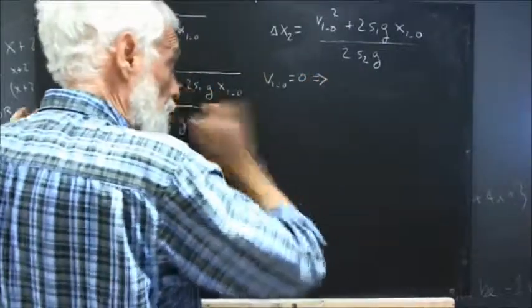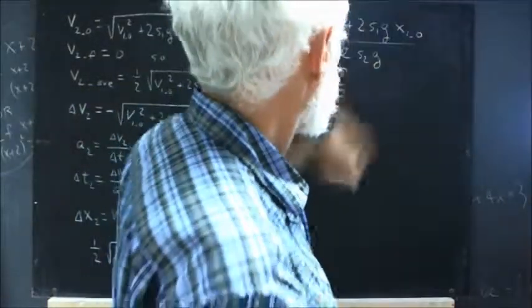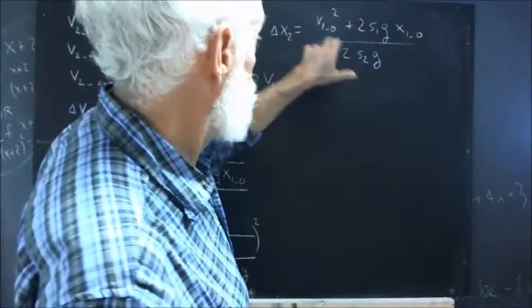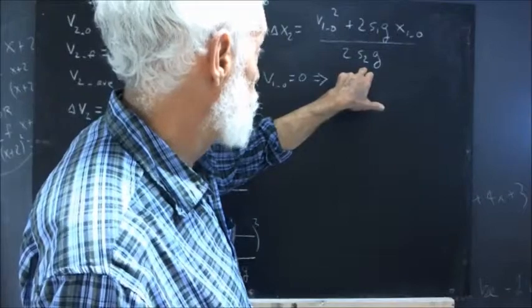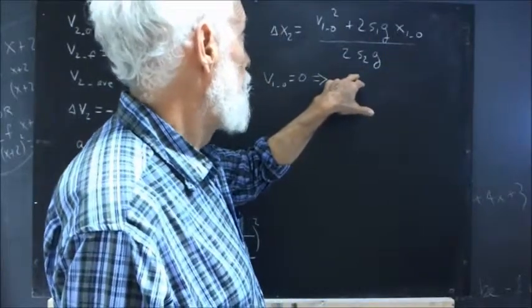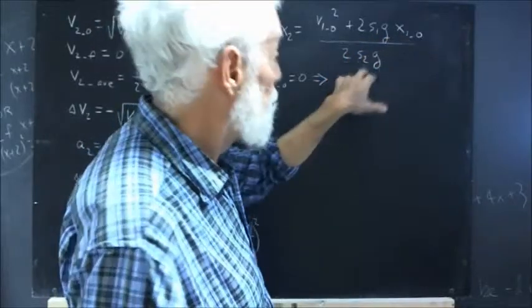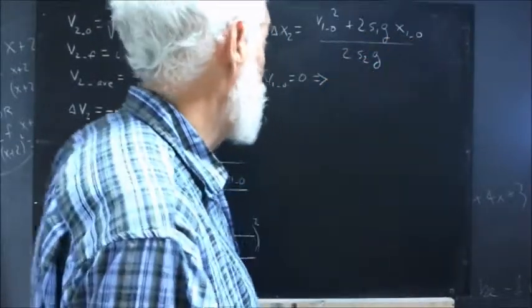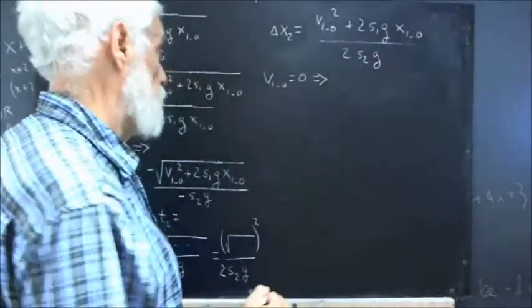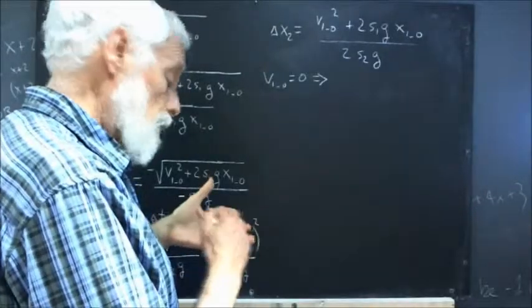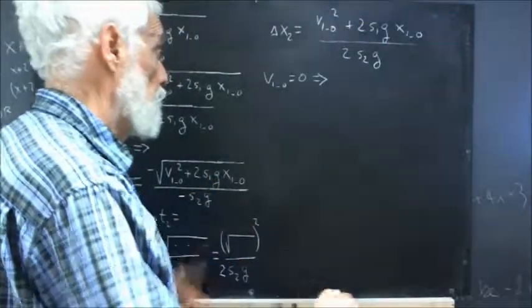Now, let me back up and say this expression does simplify. We could divide the v1 naught squared by the 2s2g, and divide this by the 2s2g. When we divide this by the 2s2g, we just get s1 over s2 times x1 naught, which is kind of interesting, and that's going to be very relevant to what we see when we do this experiment with the two ramps.